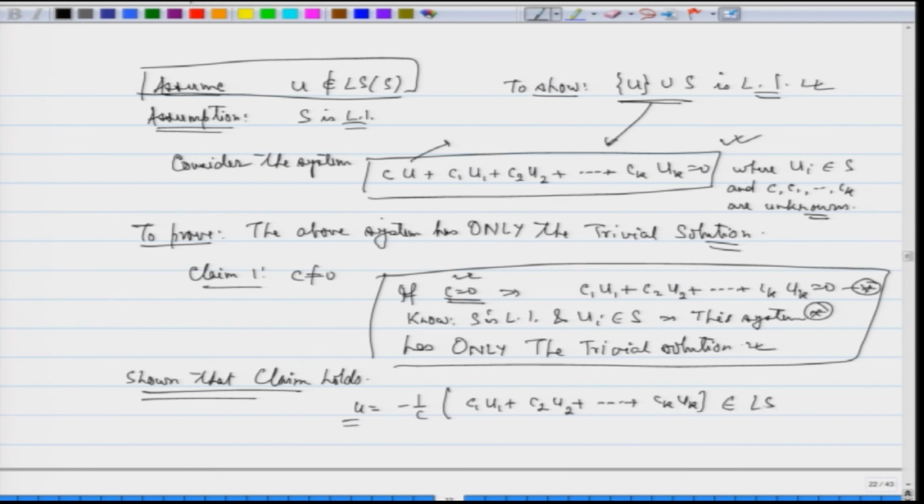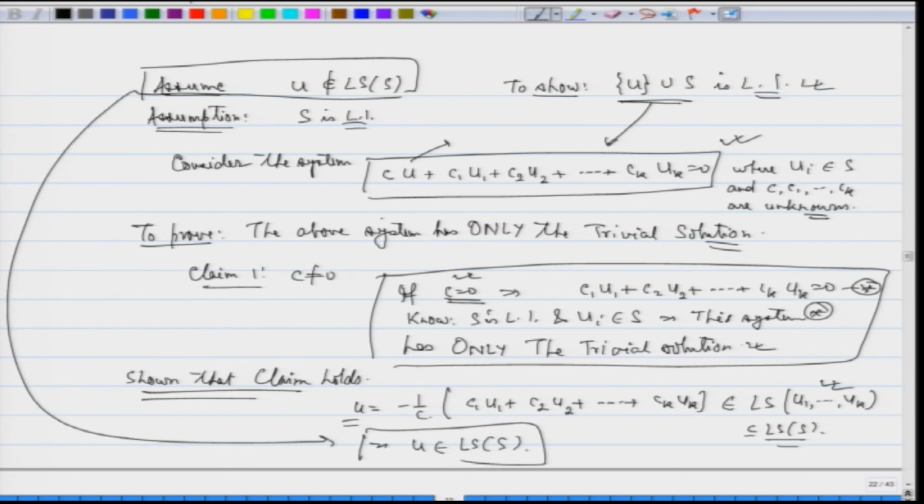This belongs to the linear span of U1 to Uk, which is a subset of the linear span of S. Therefore, U belongs to the linear span of S, and that is a contradiction to our assumption that U was not in the linear span.